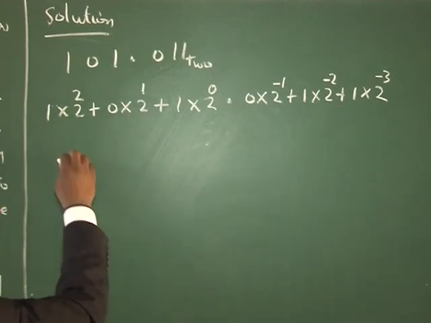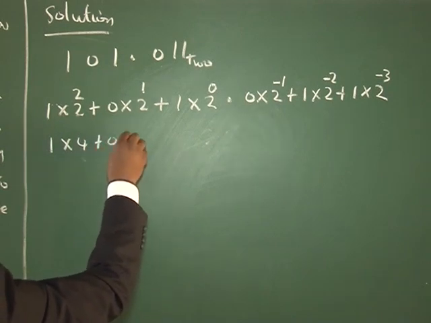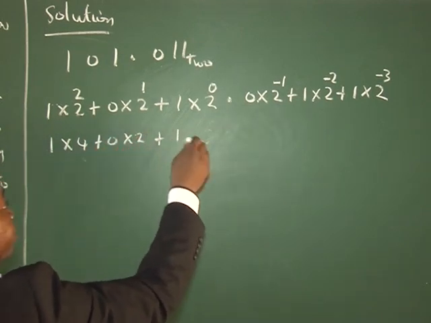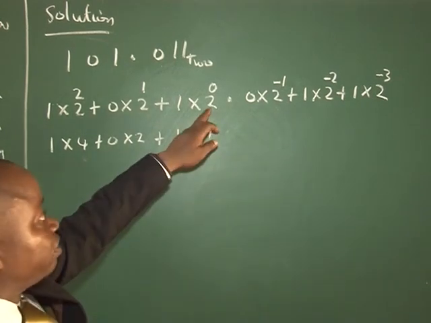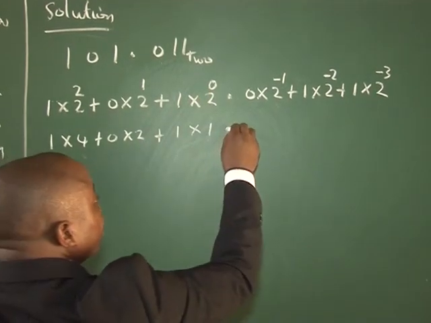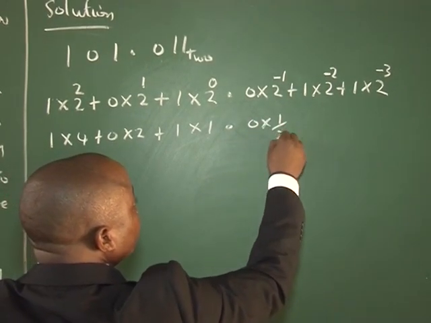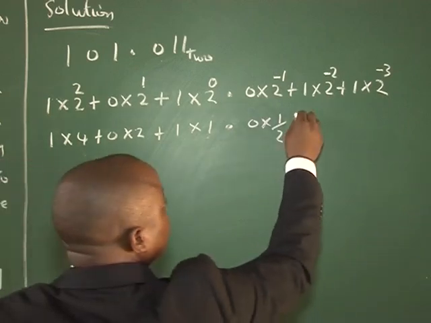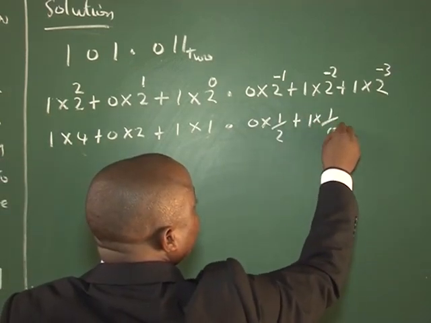So here, let's simplify it. We have 1 times 4 plus 0 times 2 plus 1 times 1. You know, anything raised to 0 is 1. Then we have the decimal point. Then here, 0 times 1 over 2 plus 1 times 1 over 4.